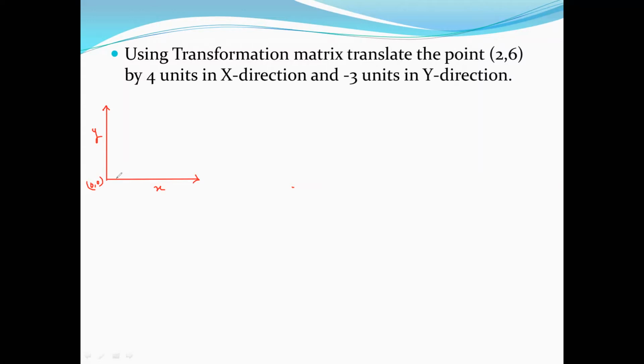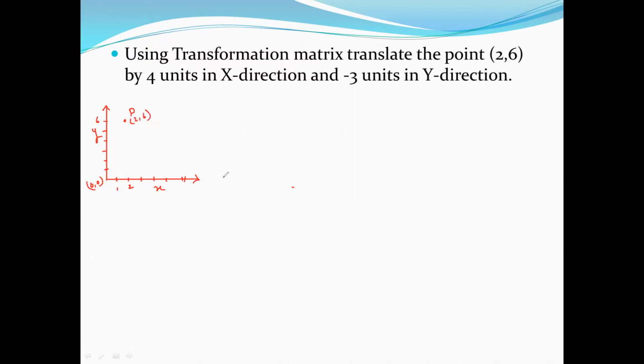So let us say this is 1, 2, 3, 4, 5, 6, and similarly, this is 1, 2, 3, 4, 5, 6. What is the position of the point 2, 6? So this is 1, this is 2, and here this is 6. Fine. So the position of the point P is somewhere here. So this is the position of the point P with the coordinate 2, 6.